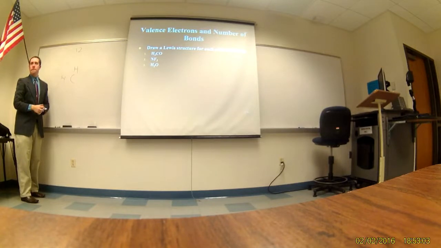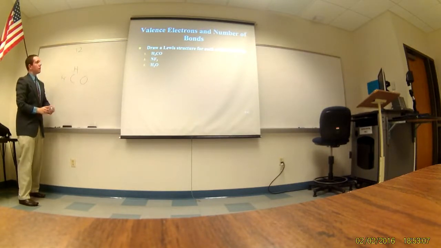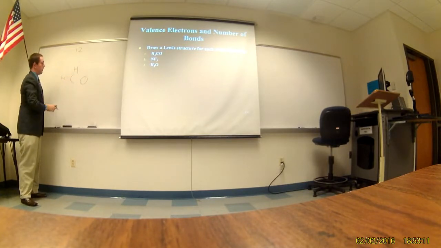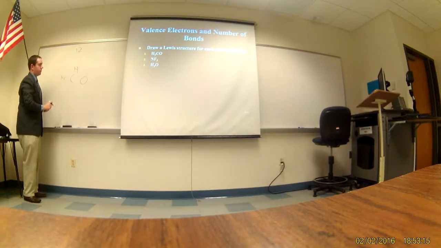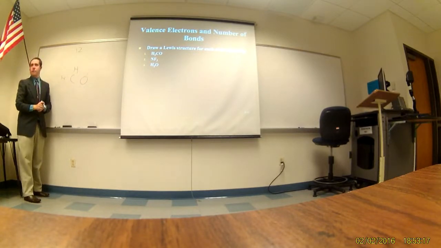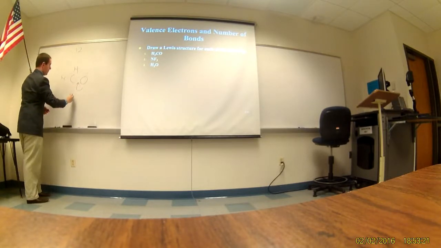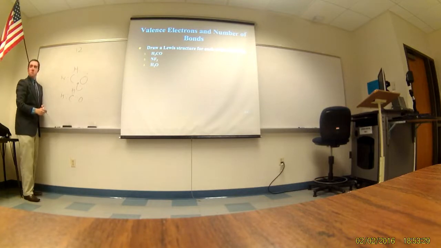No, oxygen. Let's take the oxygen. So I've got 12, 1, 2, 3, 4, 5, 6, 7, 8, 9, 10, 11, 12. Am I done? What do I do? Oxygen to carbon, double bond. Now I'm done. Looks done to me.